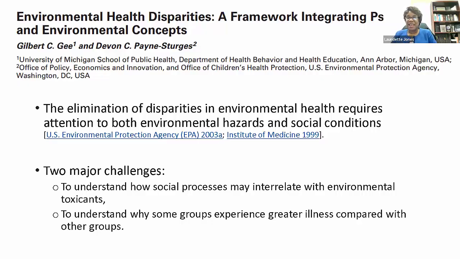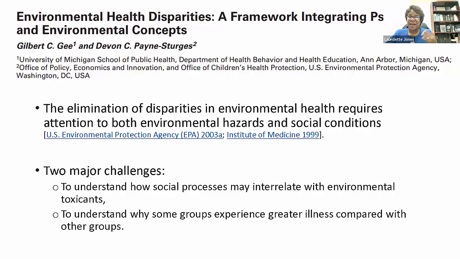And so what they put together was a framework, and they thought about the challenge of how we understand how social processes may interrelate with environmental toxicants. Hopefully by putting this into some kind of framework, we can understand why some groups experience greater illness compared with other groups, and potentially integrate what we know into designing comprehensive and perhaps context-specific interventions that will improve health.